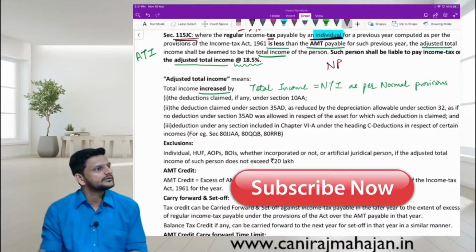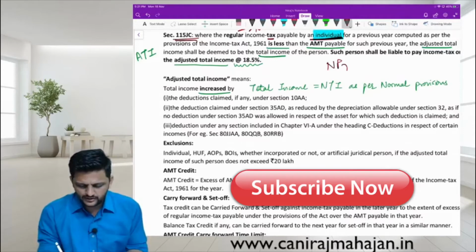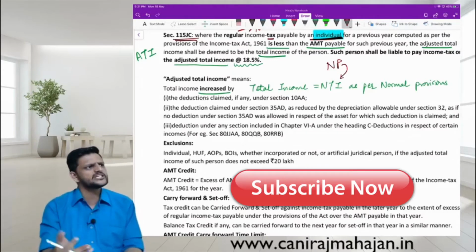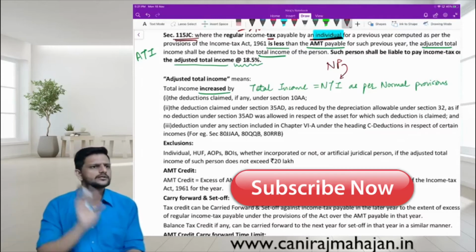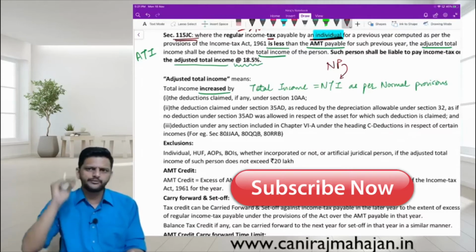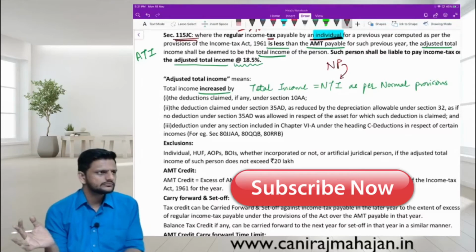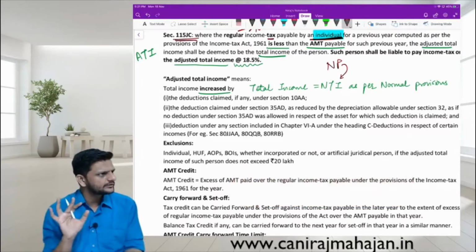Net profit as per books of accounts. From that journey up to NTI, there are many deductions, something or the other happening. Even in PGBP, we used to allow some items and disallow some items. So there is a journey between NP and NTI. Are you following or no? Yes. Everyone okay till here?